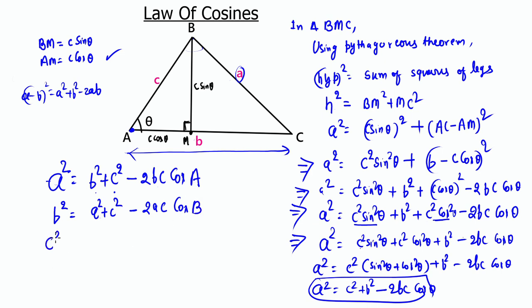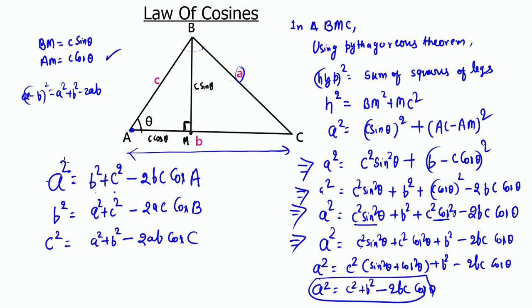Similarly, C square is going to be, you have taken C, so A and B are remaining, so we can write A square plus B square, then minus 2 times this AB cos, and this angle here is going to be the angle opposite to the side C, that is cos C. When the question is given, it won't be given as sides A, B, C. So we have to understand how this formula is actually derived.